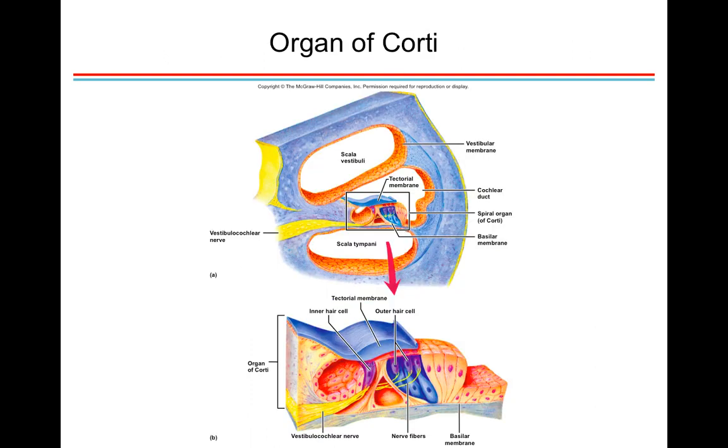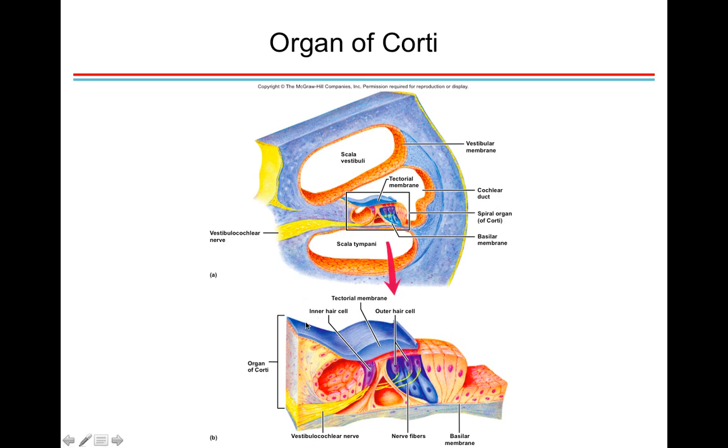So this region with the scala vestibuli, the cochlear duct, and the scala tympani, this little region here where we have the hair cells that can trigger action potentials when they move, that's called the organ of Corti.